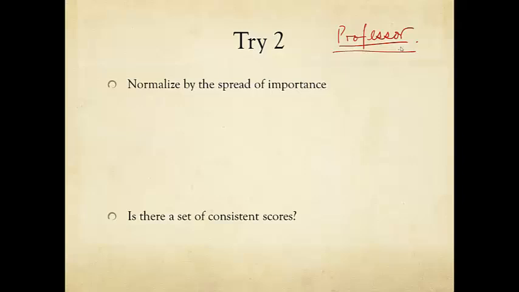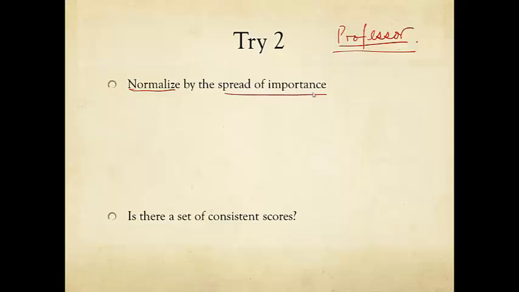And that's the idea here, is that you got to normalize by how you spread your importance score. If you point to too many web pages, then each of those web pages that you point to should not receive all your importance.